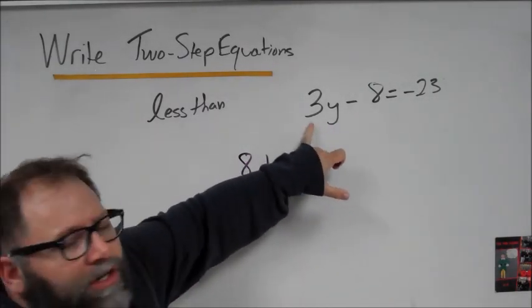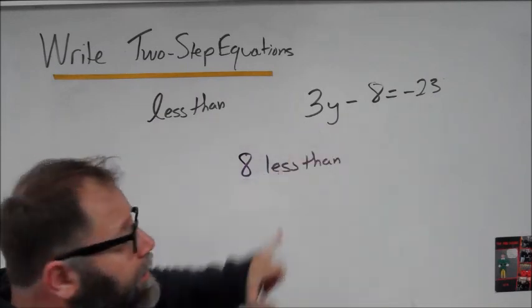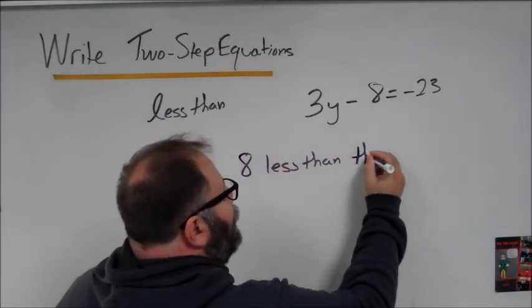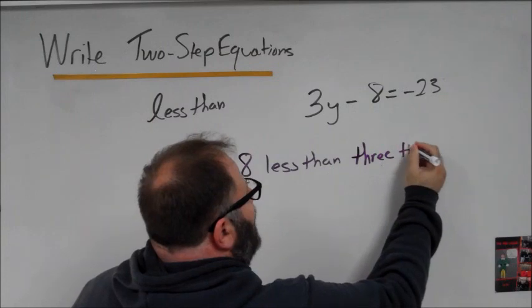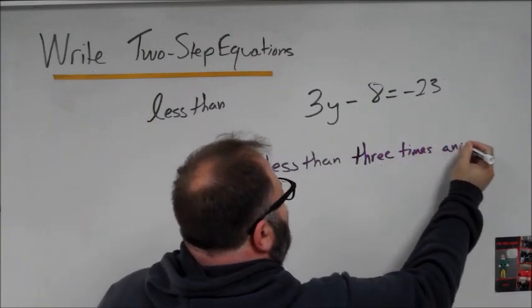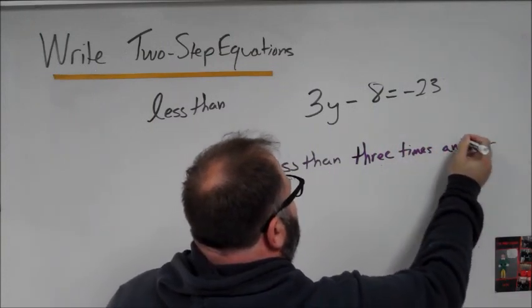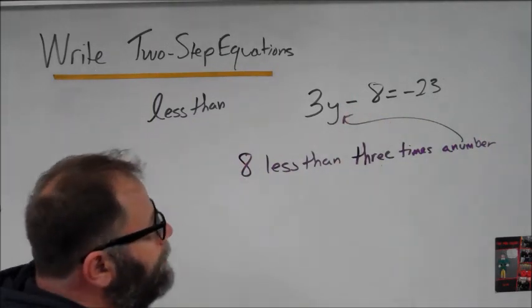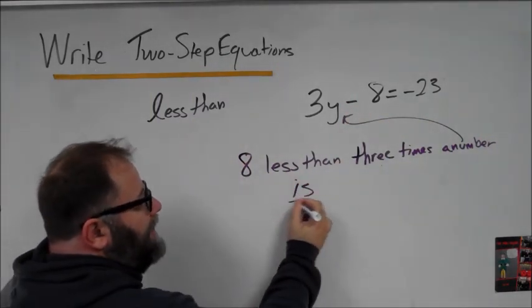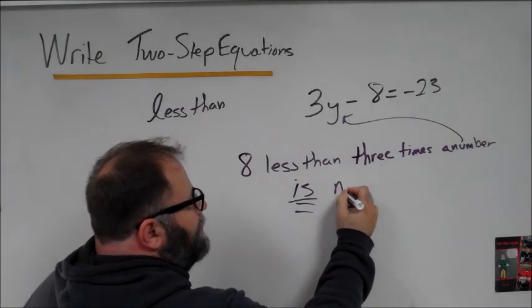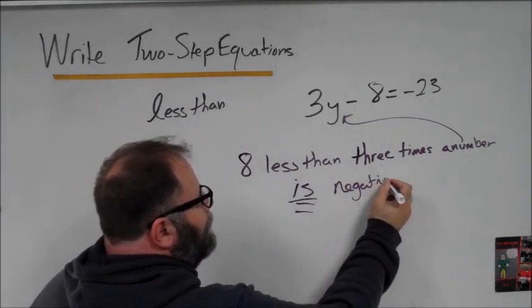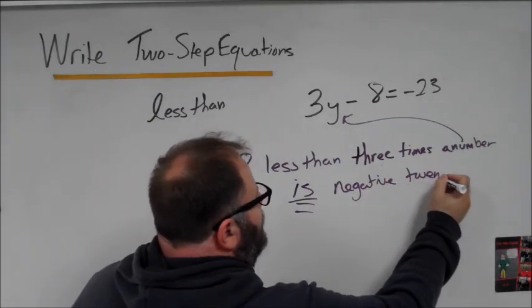So what do I have here? What's the coefficient? It's 3. 8 less than 3 times a number, which is that y right there. And then here's our big old is -23.